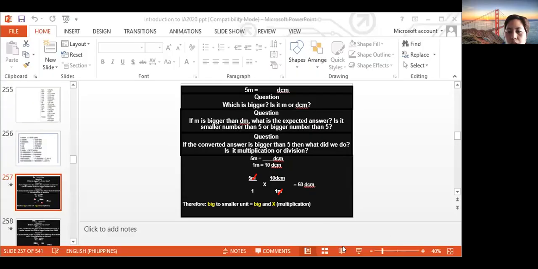Let me now show you how conversion is done. In converting, it can be metric to metric, English to English, metric to English, or English to metric. What is metric to metric? Metric is like centimeter to meter.